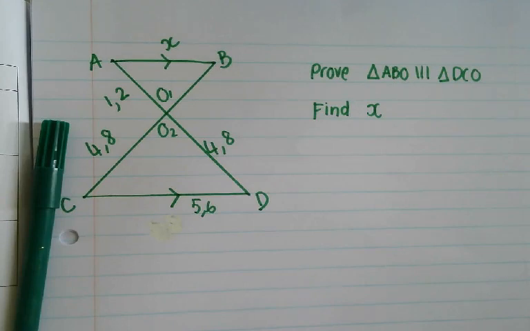You'll definitely need your calculator for that. 4.8x is equal to 5.6 times 1.2. I have decimals, so 6.72.